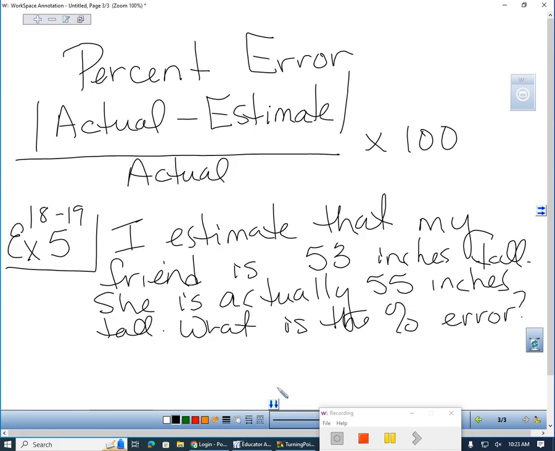All right, so we do the absolute value of the actual. What number up there is the actual amount? 55. Good, so 55 minus the estimate, which was 53, divided by the actual, which is 55, and then times 100.